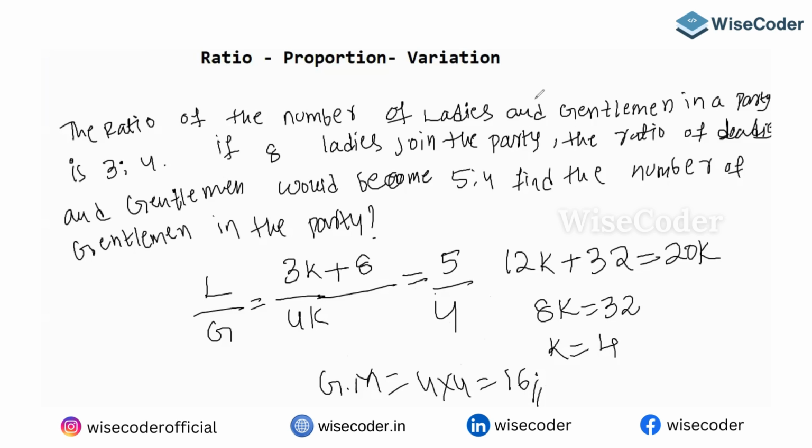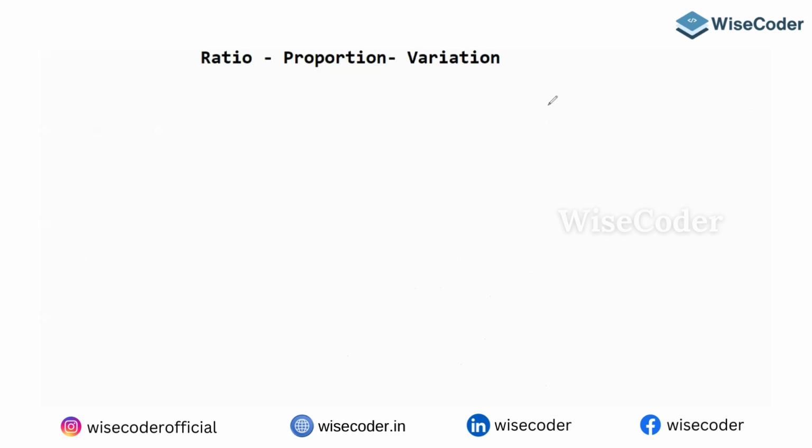Okay, let's go to the next question. But if you closely observe, you can solve this question this way. Look here. Initially 3 is to 4 is the ratio. After some ladies are included, the ratio becomes 5 is to 4. Why is gentlemen not changing?